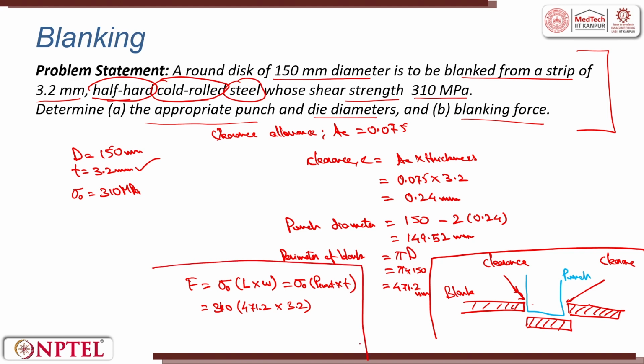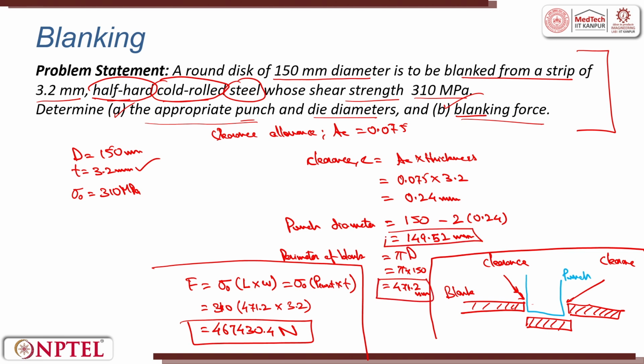This value is equal to 467,430.4 Newton. This is the blanking force that was asked, part B. Part 1 was the punch and the die diameters. So, these are our solution: the perimeter, the punch diameter, it is all calculated. And die diameter is anyway the given D 150 millimeter, that is the blank, that will be the die diameter.